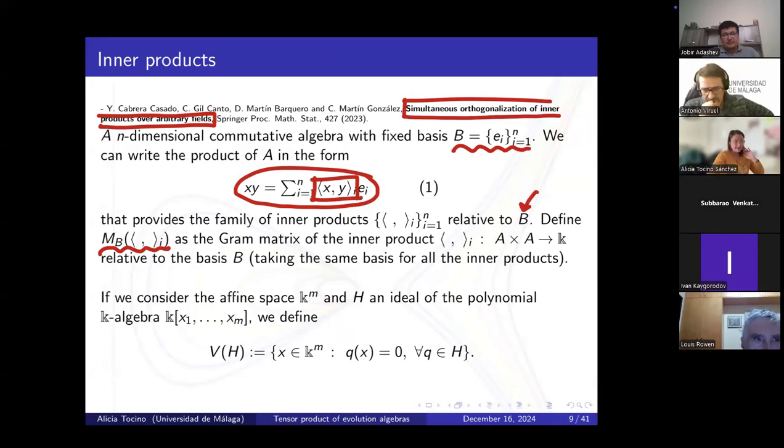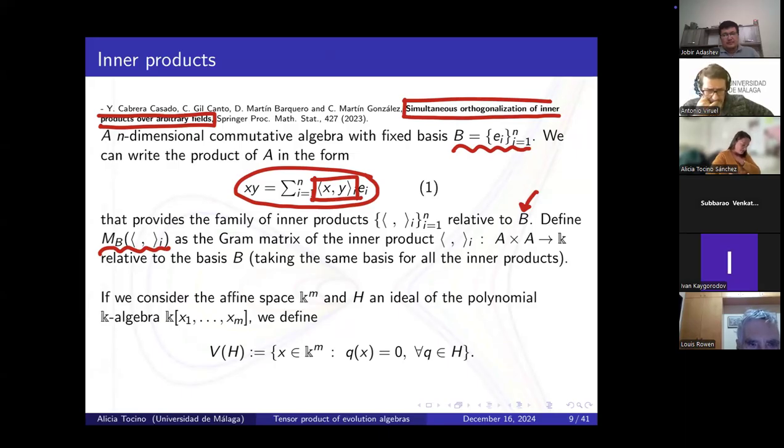So all the matrices are constructed with the same basis. I will use this later, and we are going to construct some of these matrices in some concrete cases.